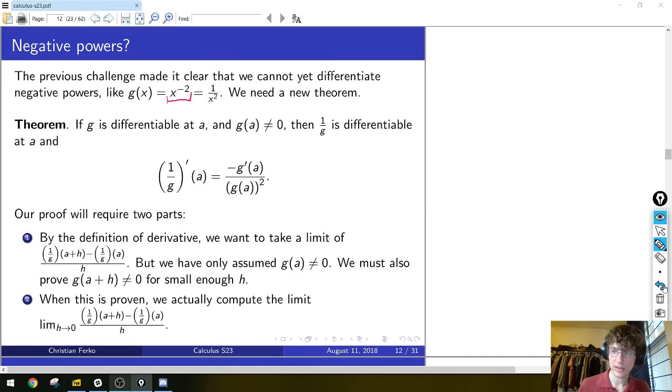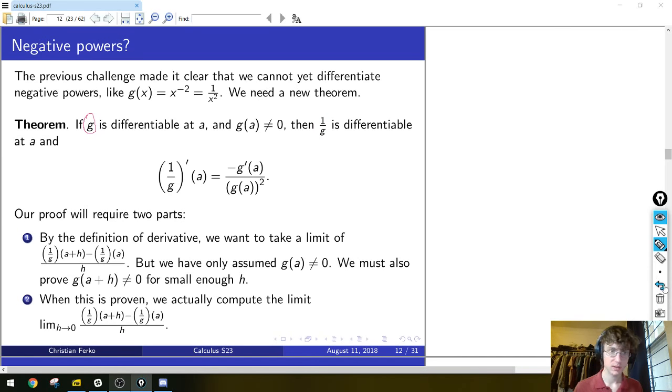So we need a new theorem. And I'm going to be a little more general and tell us how to differentiate any function g which is raised to the power minus 1. Right, so this is the multiplicative inverse, not the inverse function like f inverse. This is 1 over g for any function g.